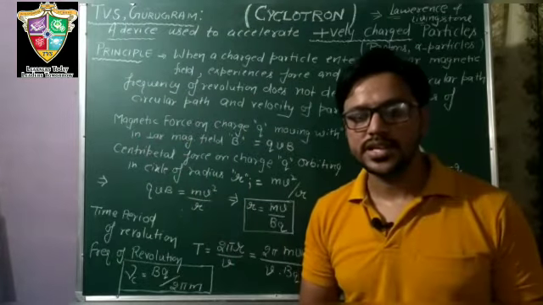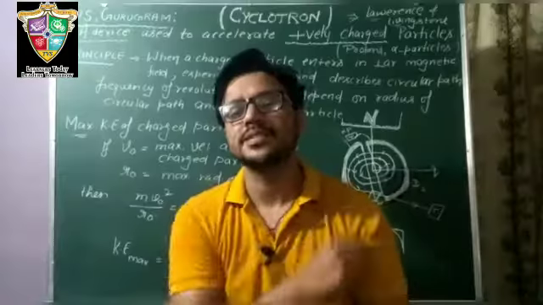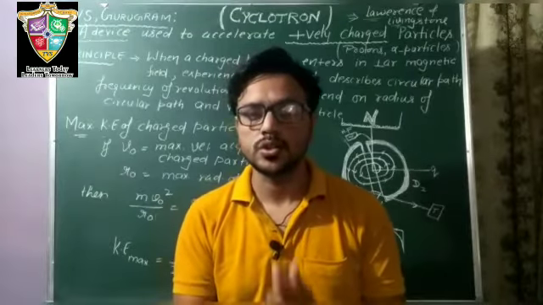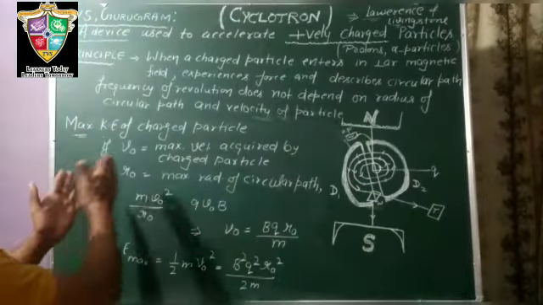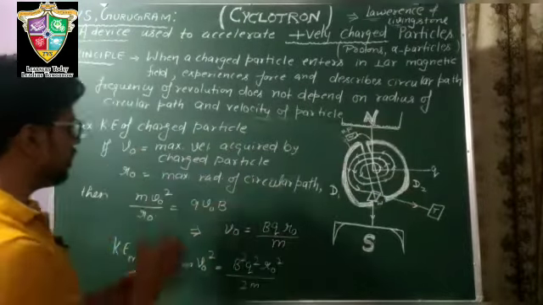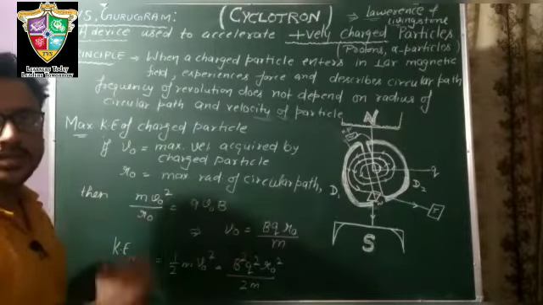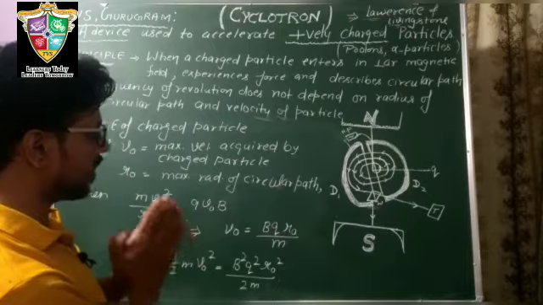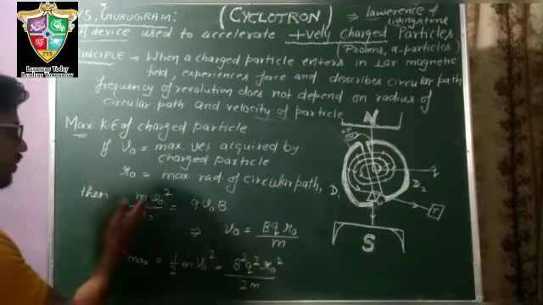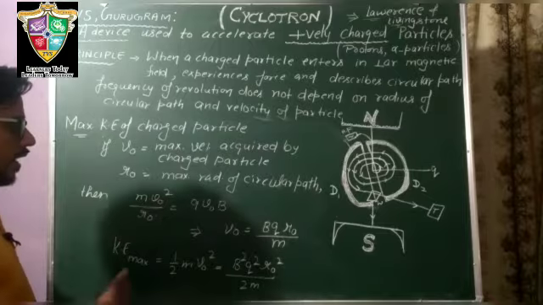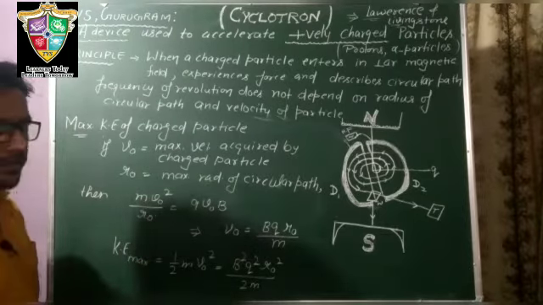Now students, we will discuss the maximum kinetic energy of the charged particle in the cyclotron. If v naught is the maximum velocity acquired by the charged particle, and r naught is the maximum radius of the circular path, then the centripetal force is m v naught squared upon r naught, which is balanced by q v naught B. This is the magnetic force.